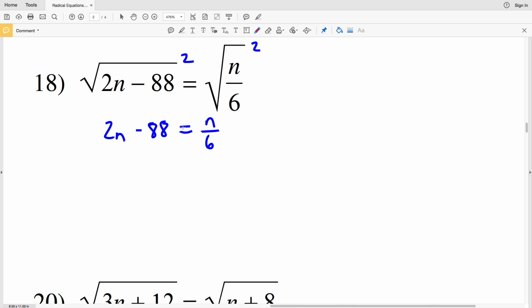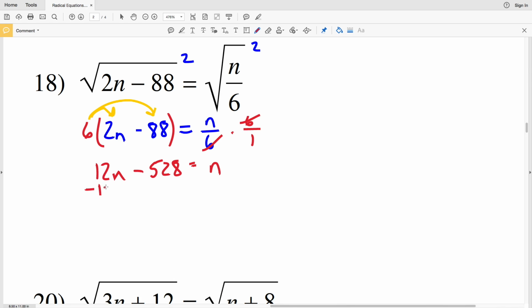Then this is simply a multi-step equation. We're going to multiply both sides by 6 over 1, and we'll get 12n when we distribute, minus 6 times 88 is 528, and that's going to be equal to n.